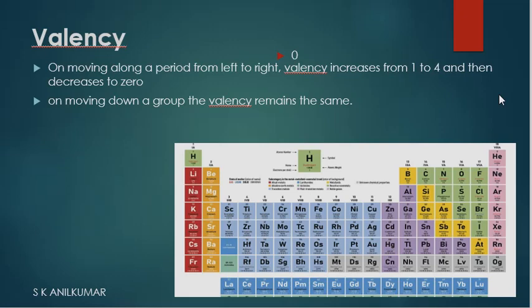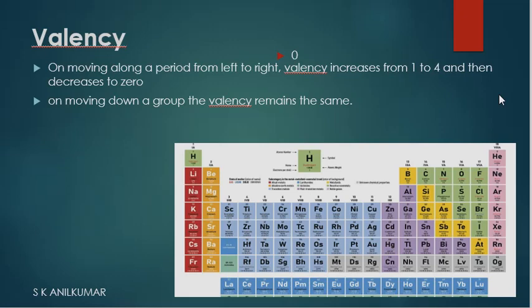So to form a covalent bond, you can have a maximum of 4, because if you have 5, the other person can share only 3. If you have 3, the other atom can share 5, so that total will become 8 in that shell. If it is more than 4, then there is no sharing. They have to be given away or taken away. That means a covalent bond is not being formed, but an ion is getting formed.